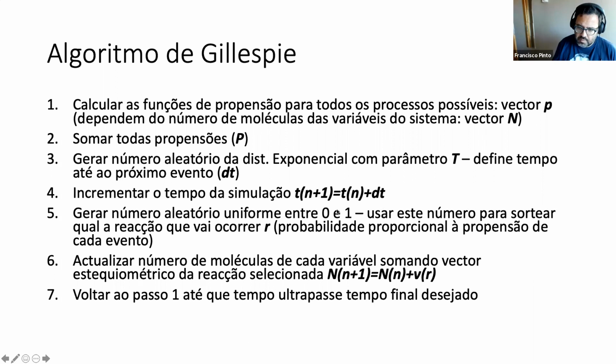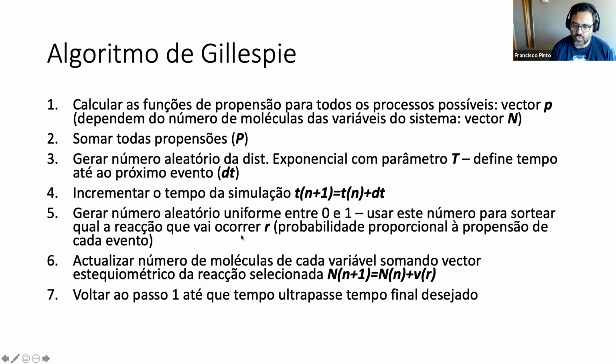At that new time point, you are going to generate another random number, this time a uniform random number between 0 and 1. That random number will allow you to choose, in a kind of random contest, which of all the processes that your model has is the one that is going to occur at that time point. Okay.